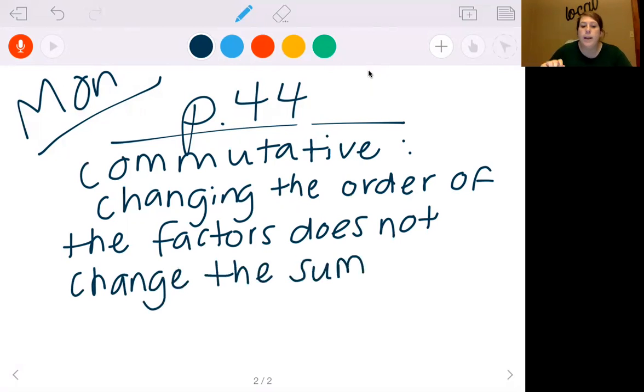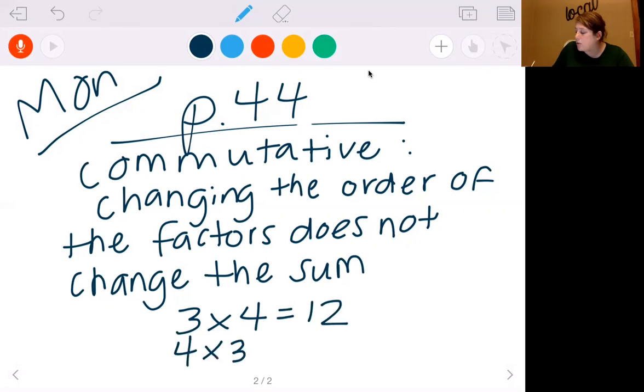So this means we can flip-flop the two numbers in a multiplication problem and still get the same answer. For example, I can say 3 times 4 equals 12, or I can flip that and say 4 times 3 equals 12. Both of those give me the same answer of 12.